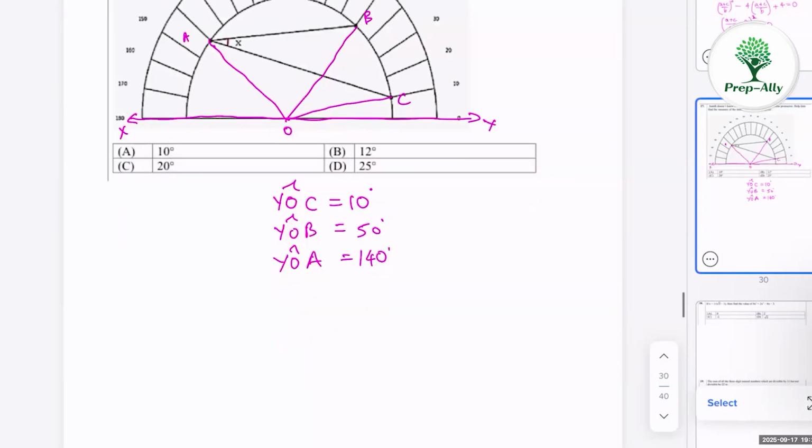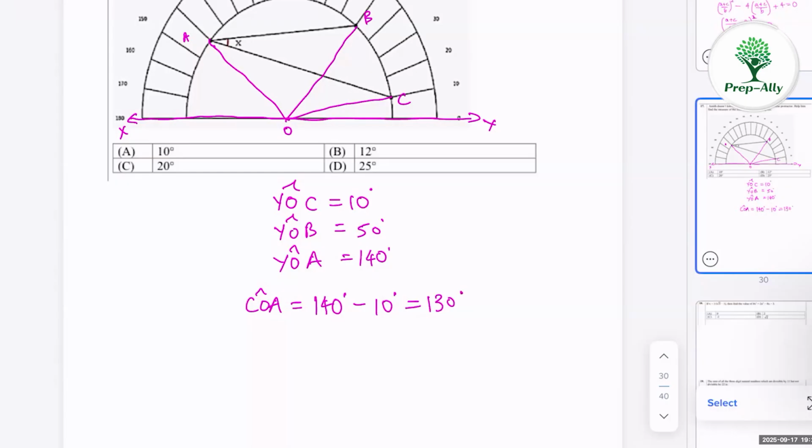So in triangle AOC, that is this triangle here, angle COA equals 140 degrees minus 10 degrees, which is equal to 130 degrees.